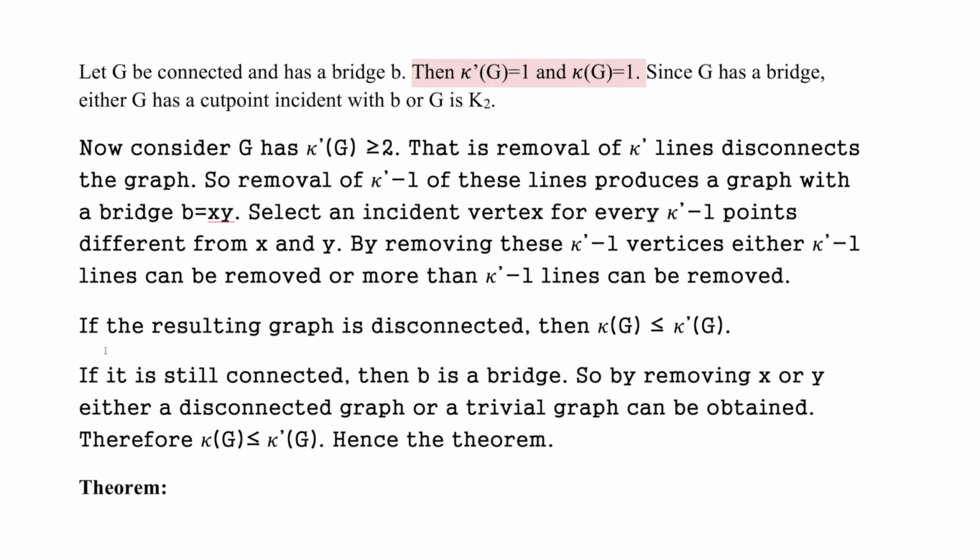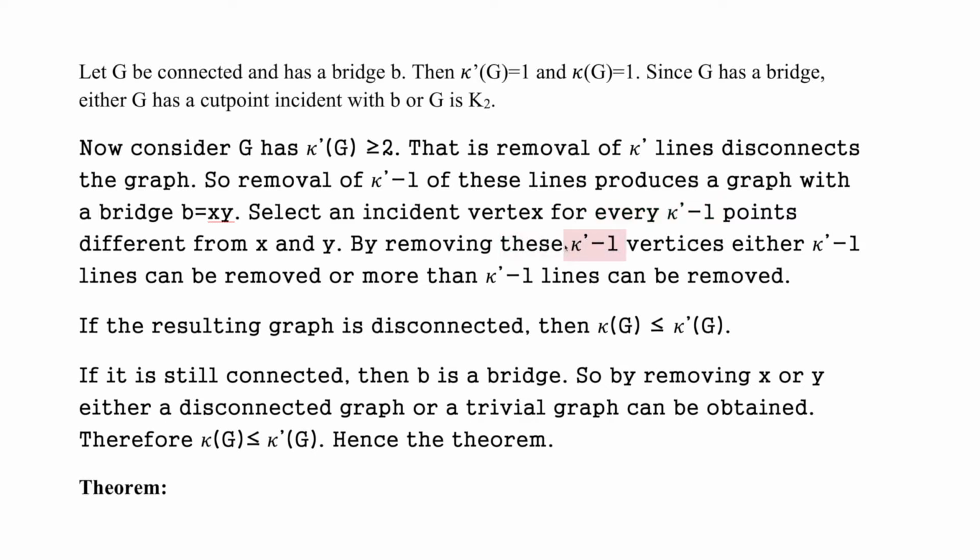Now consider G with edge connectivity kappa dashed of G greater than or equal to 2. That is, removal of kappa dashed of G number of lines disconnects the graph. So, removal of kappa dashed minus 1 of these lines produces a graph with a bridge, which I am going to call xy. Select an incident vertex for every one of these kappa dashed minus 1 lines, different from x and y.